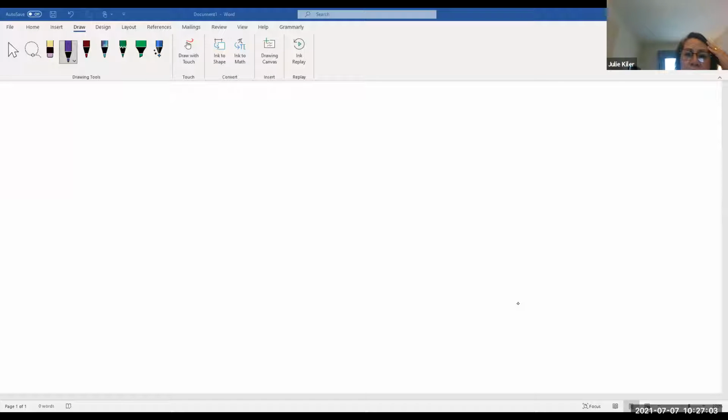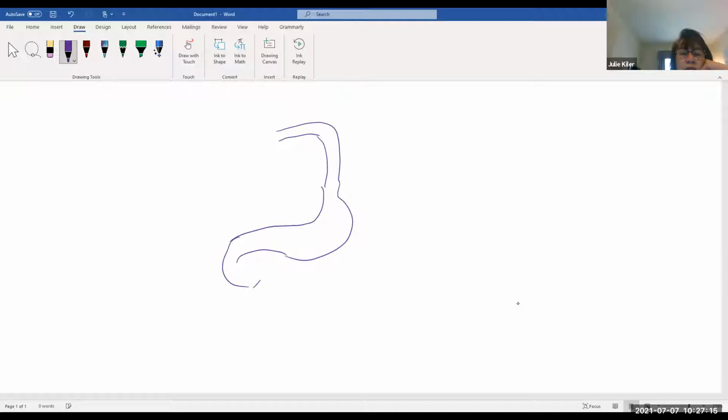Okay, we have our oral cavity here. And then we have our esophagus, right? And we have stomach, duodenum, jejunum, right? It's very convoluted.